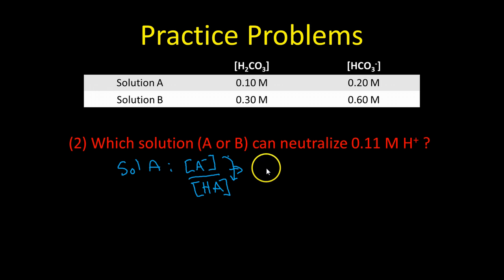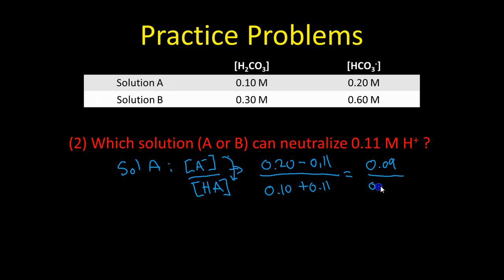If we want to set this up more quantitatively, we'd say we've got 0.20 molar, which is our initial concentration of our base. We're going to be losing 0.11 molar of that, and adding that to the denominator, which is our concentration of the conjugate acid. So your ratio here is going to be 0.09 to 0.21, and you'll see that this is still within our buffer range.